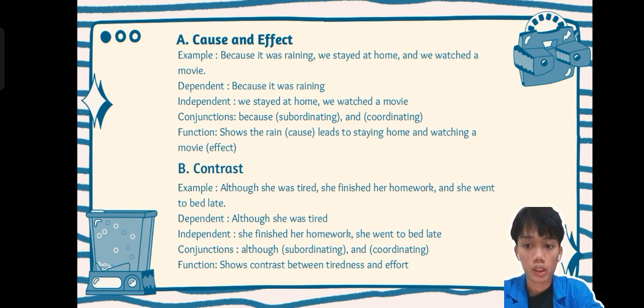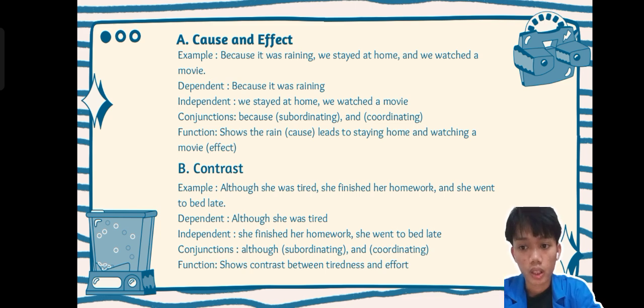Now let's see an example showing contrast. Although she was tired, she finished her homework and she went to bed late. Here, although she was tired is the dependent clause, while she finished her homework and she went to bed late are independent clauses.